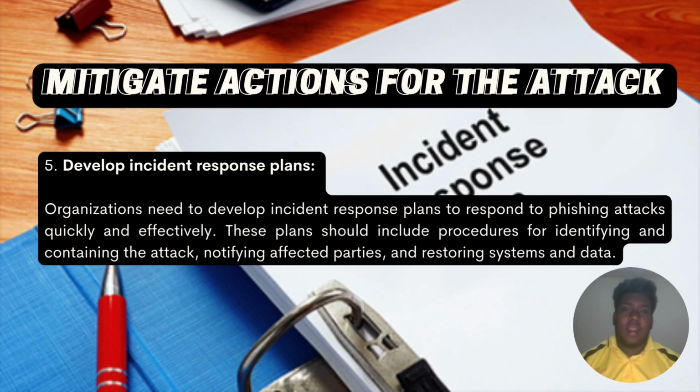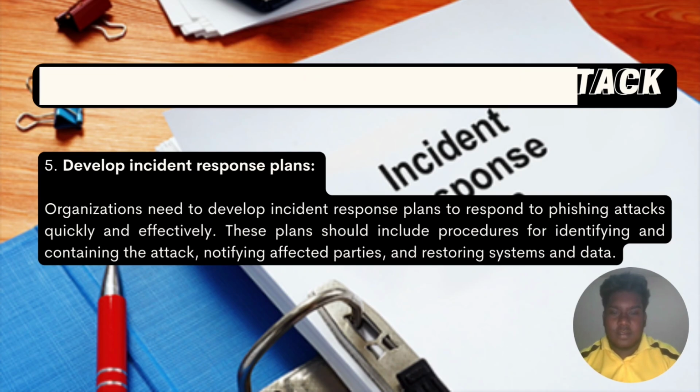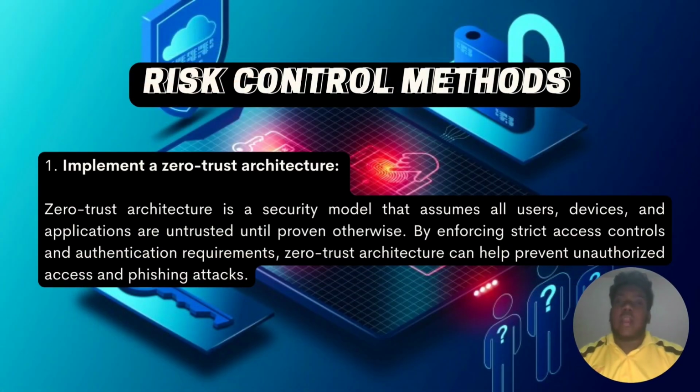By this, we can effectively lessen the impact on our system and the management by having a proper response plan from the organizations. So it's really best to always have a backup plan in hand to avoid these kinds of impacts on the organizations. Now we take a look at the risk control methods part.